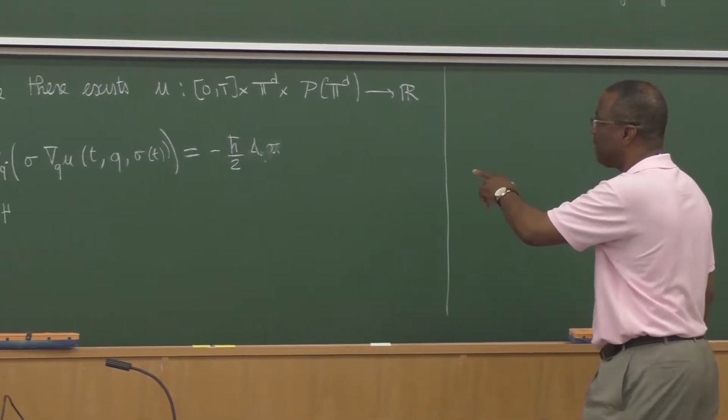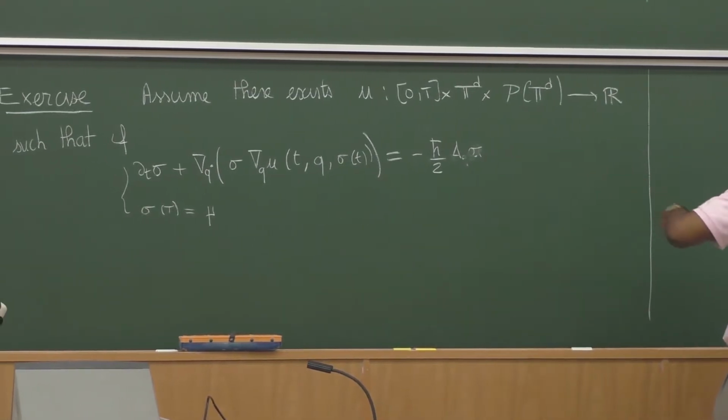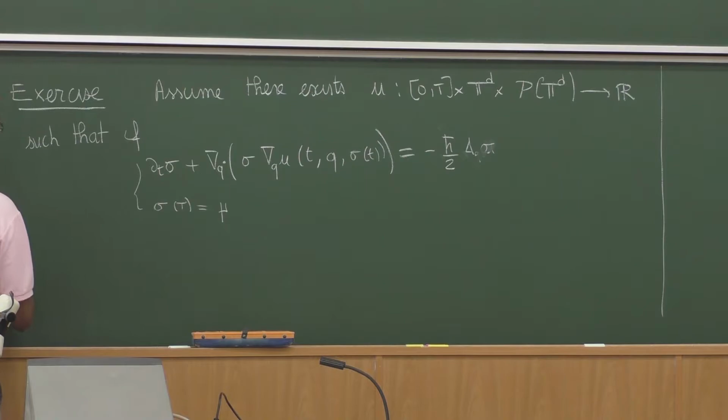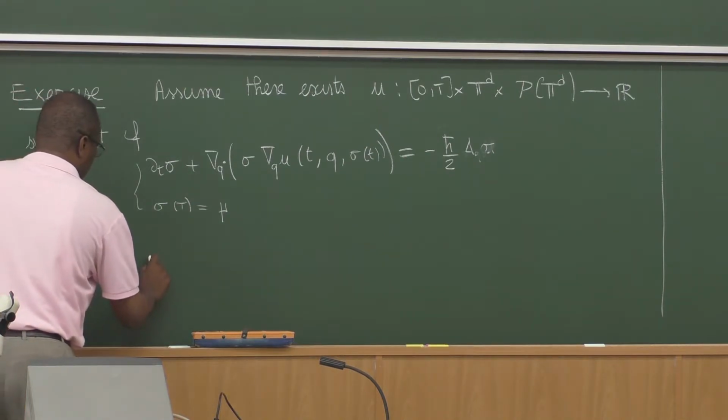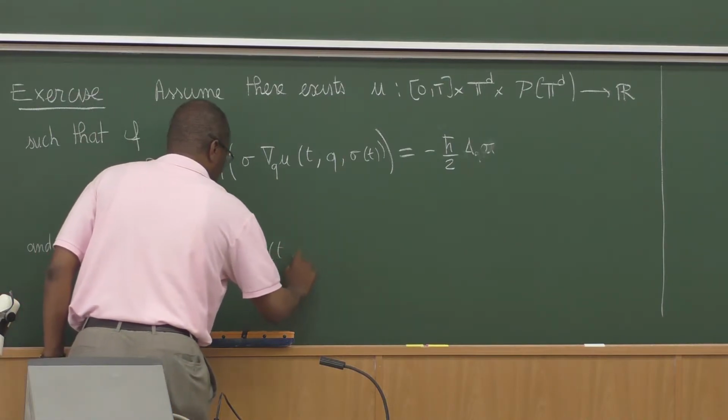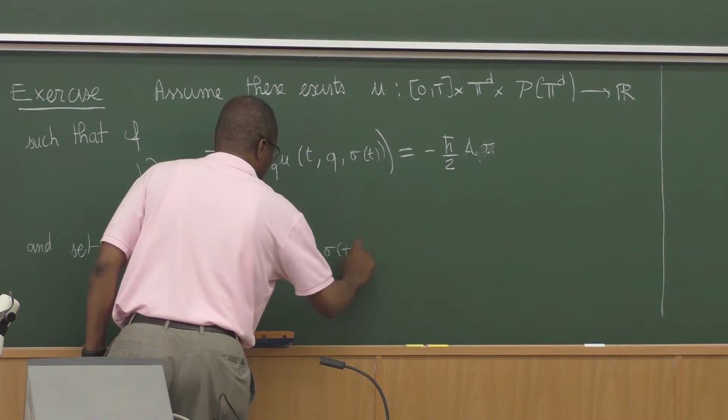So assume that there exists a U such that if I define sigma this way and set W of t, q to be U of t, q, sigma of t.